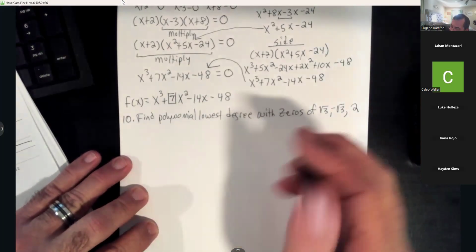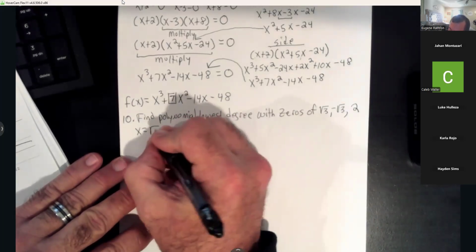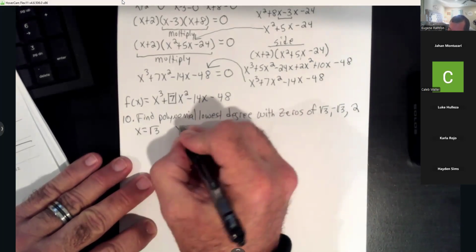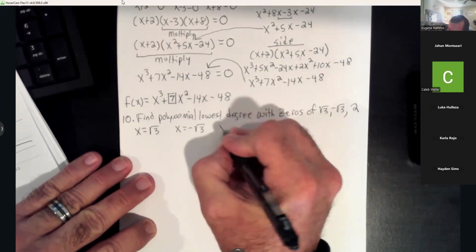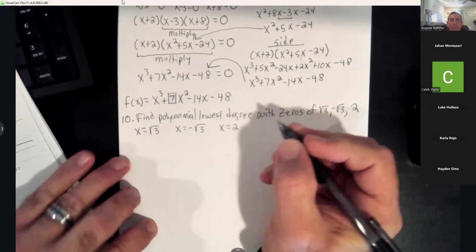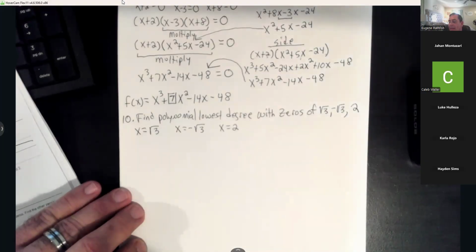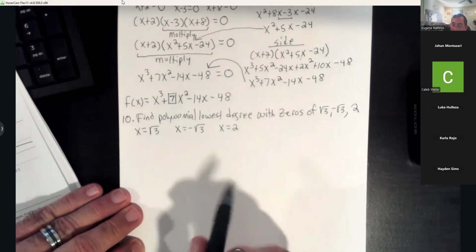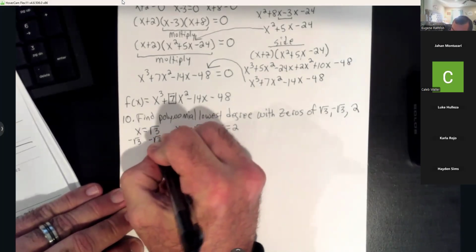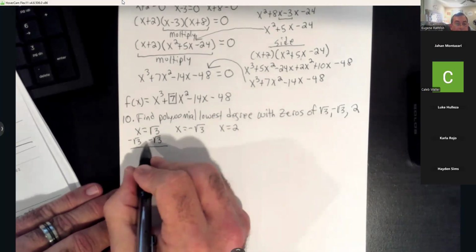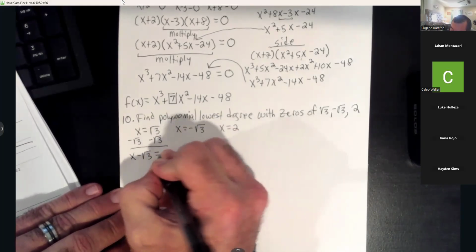But y'all, I'm going to do the same thing. I'm going to set each of these as an equation. So x equals square root of 3, x equals negative square root of 3, x equals 2. I'm going to work it like I did up here. I'm going to add and subtract to get a 0 on the right side. So add the opposites to each. So y'all, we're subtracting square root of 3 gives me x minus square root of 3 equals 0.